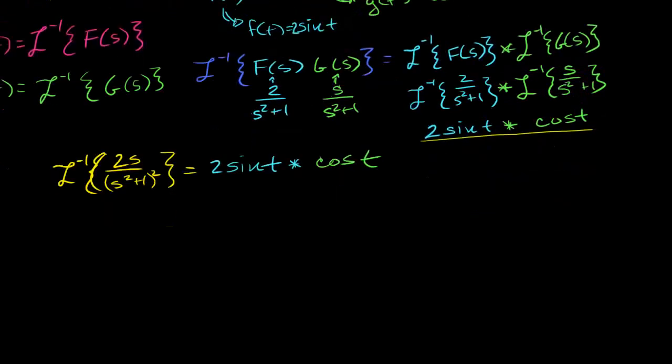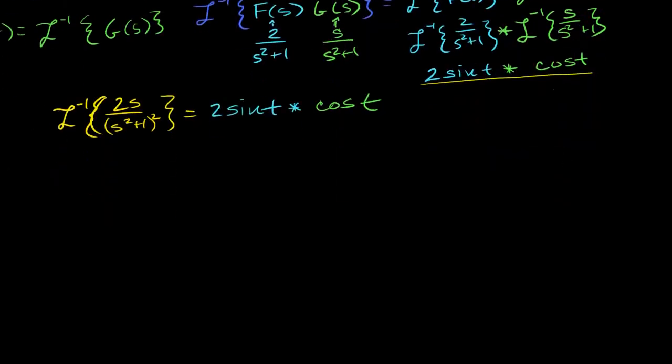so let's convolute them. And I'll just write the definition we're using of the convolution, that f convoluted with g, it's going to be a function of t, is equal to the integral from 0 to t of f of t minus tau times g of tau d tau.